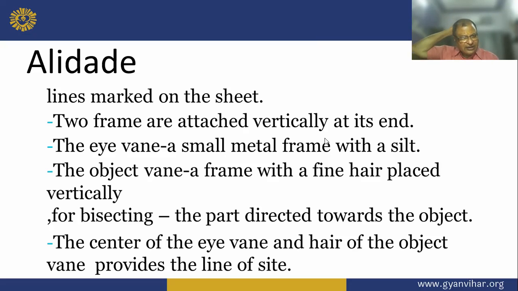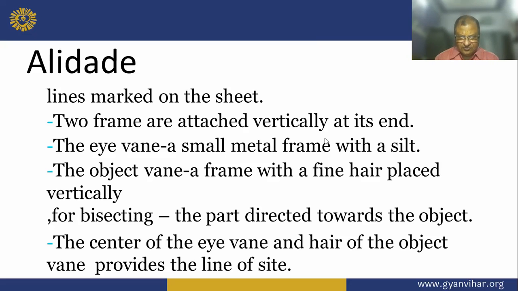Two frames are attached vertically at its ends: the eye vane, a small metal frame with a slit, and the object vane, a frame with a fine hair placed vertically for sighting.